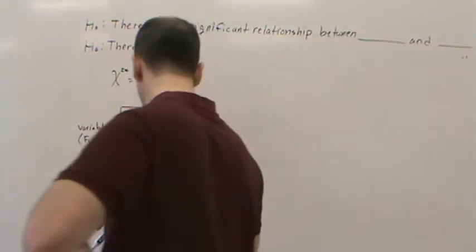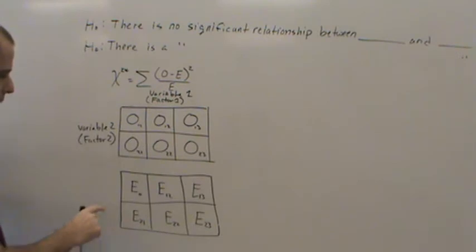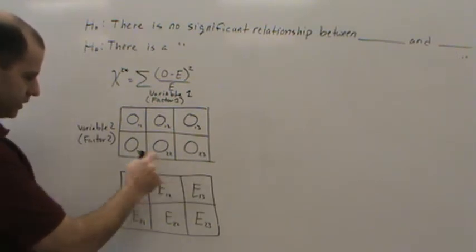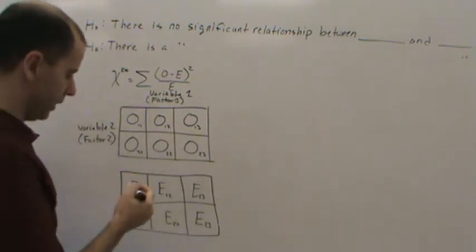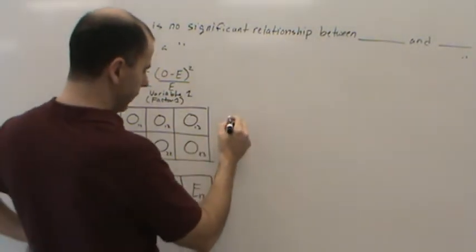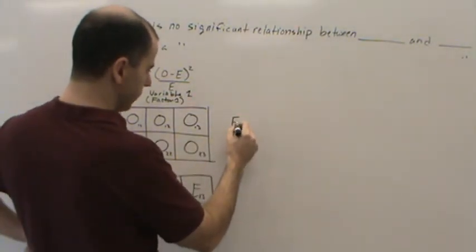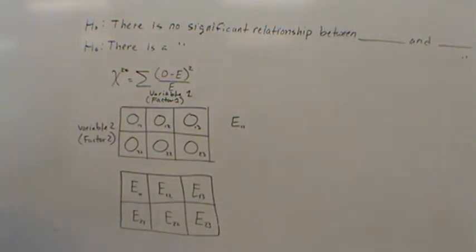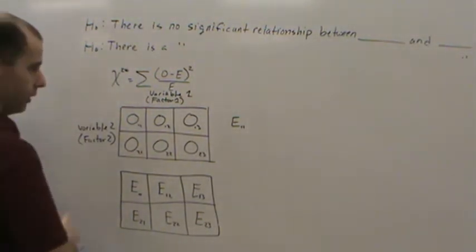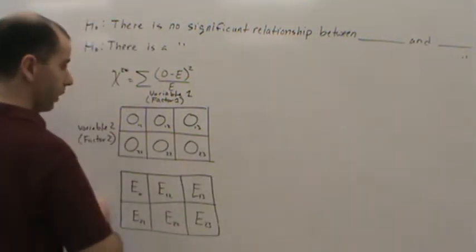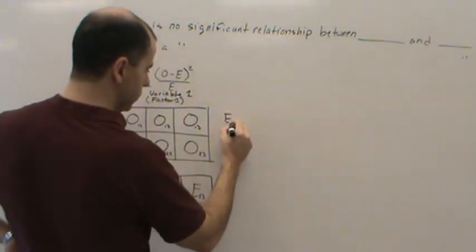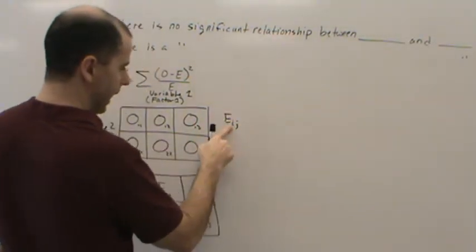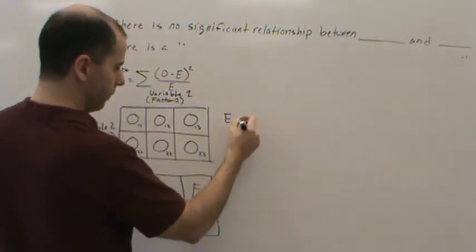Okay, so now, how do we calculate these expected values? Here's the formula that we're going to use. To calculate the expected value, let me just use it in general: E_ij. So that means the ith row and the jth column.